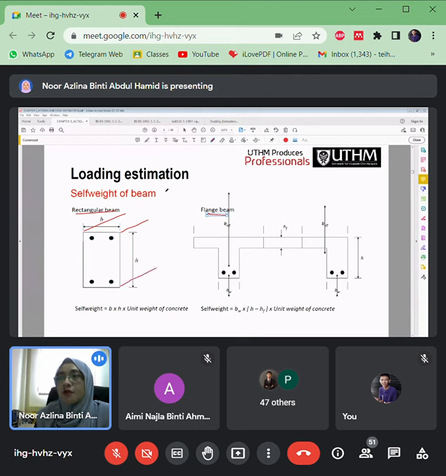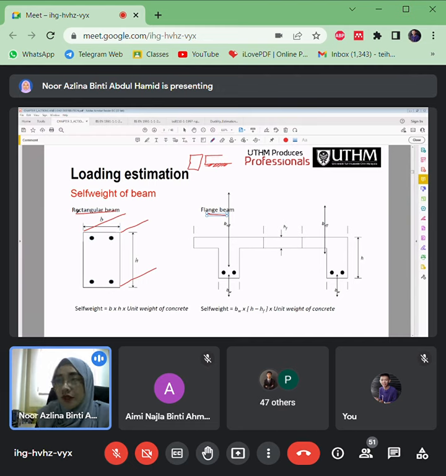I gave an example: this is a beam here, and this is the slab thickness, which might be a non-suspended slab, supported by the ground, by the soil. Okay, so that is what it means.